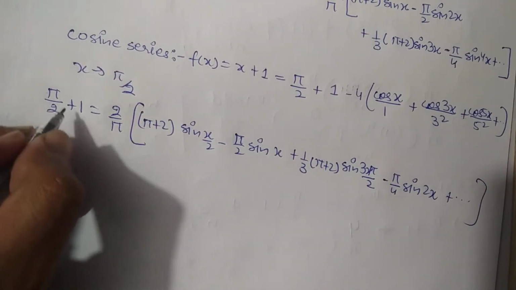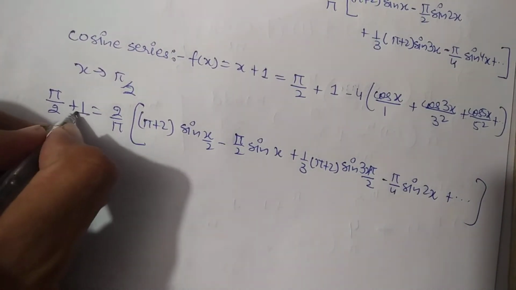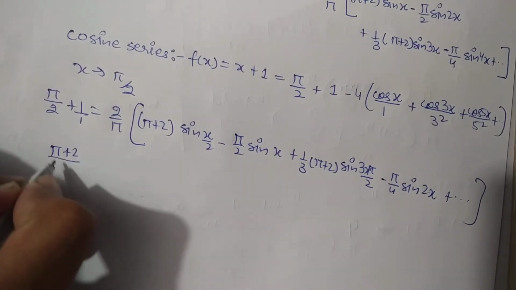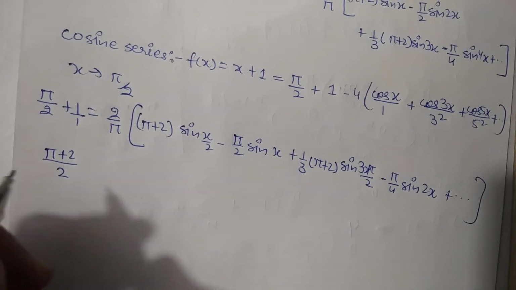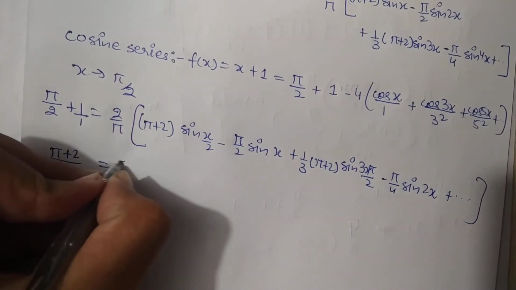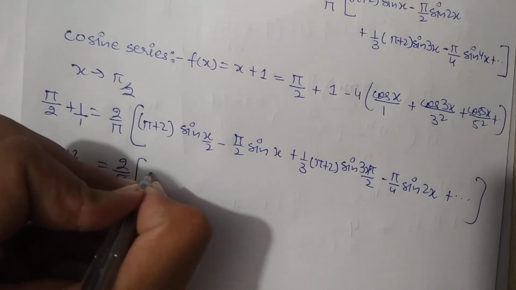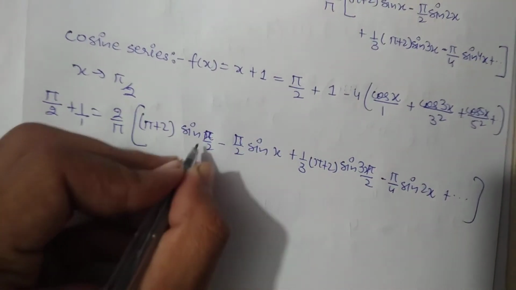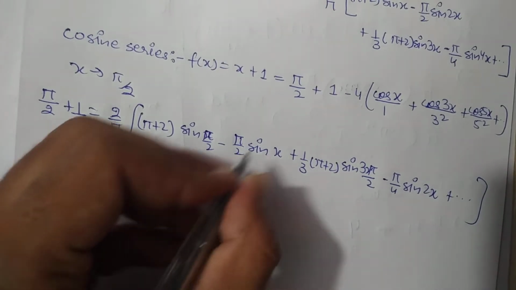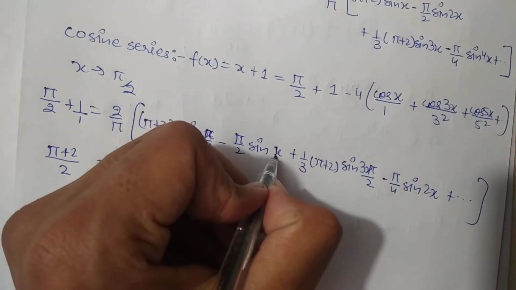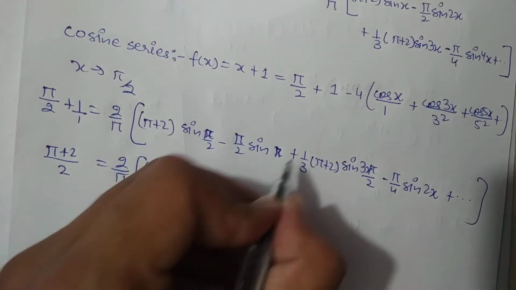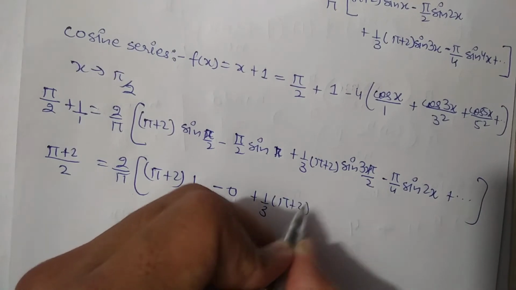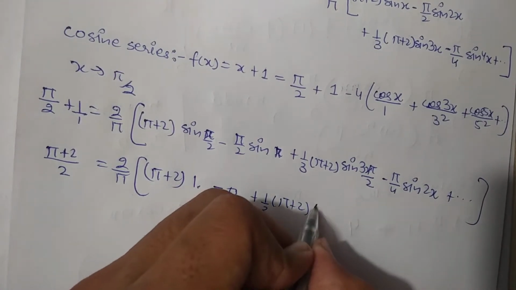So this relation can be written just like that. I am taking the LCM over there, and this value will become pi plus 2 divided by 2 equals 2 by pi, bracket start, pi by 2, pi plus 2 into sine pi by 2, that is 1, minus sine pi, which will be 0, and plus 1 by 3 into pi plus 2 sine 3 pi by 2, which will be minus 1.